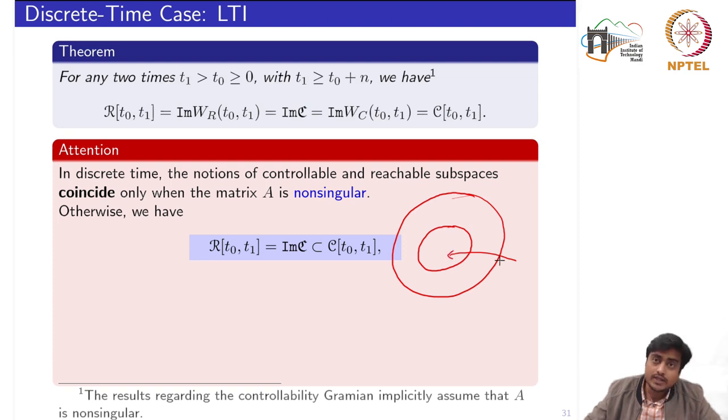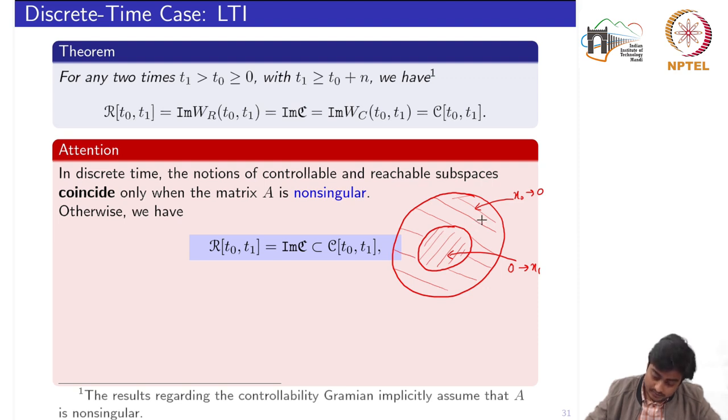Here we have all the points of the reachable subspace, where from the origin we want to go to x1. The controllable subspace says starting from x0 we want to go to the origin. So this inner space is the reachable subspace, and the outer one is the controllable subspace.